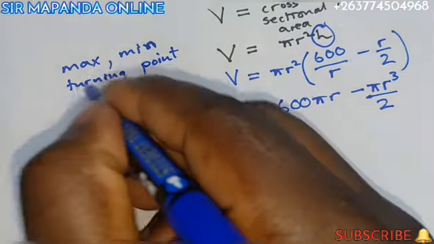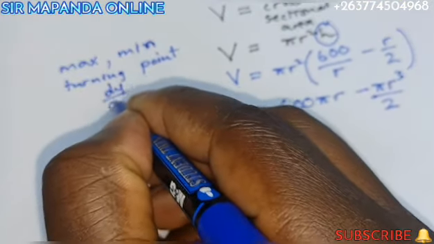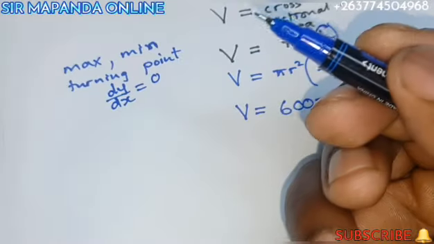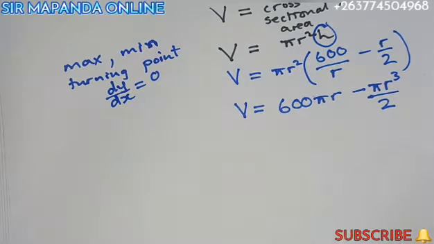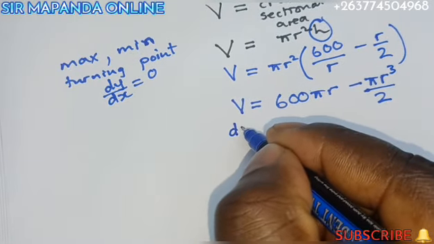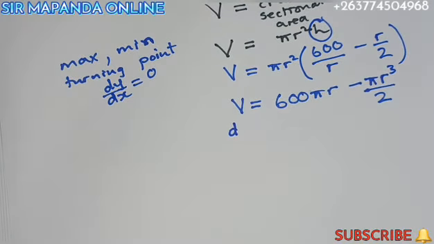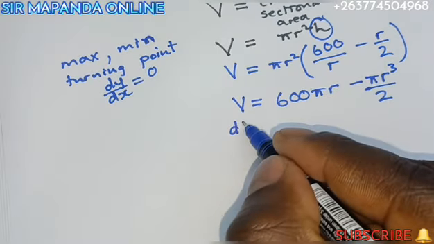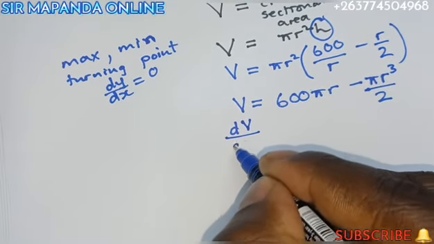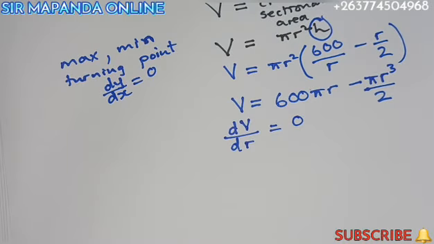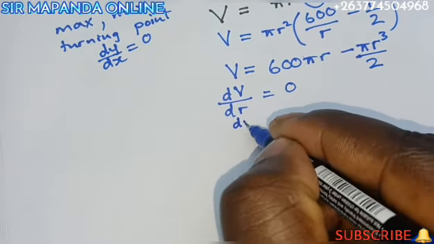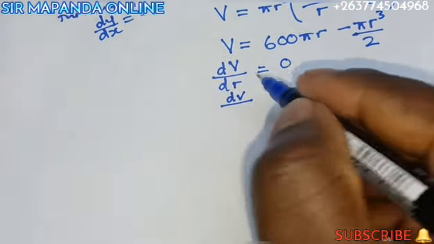To find this, you find it when dy dx is equal to 0. But in this case, our y is V and our x is r. So I'm going to find the stationary value when dV over dr is equal to 0. So let me find dV over dr first.